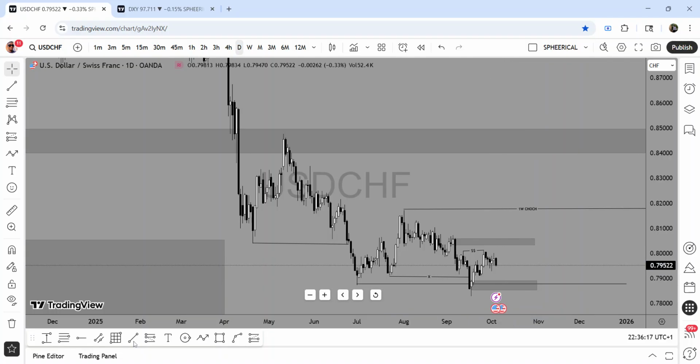Because if you can also see, there is an accumulation here, and when the market is ranging, I don't normally like to trade it because that will make you lose money. When the market is ranging, you will not know the clear direction the market is going at the moment.